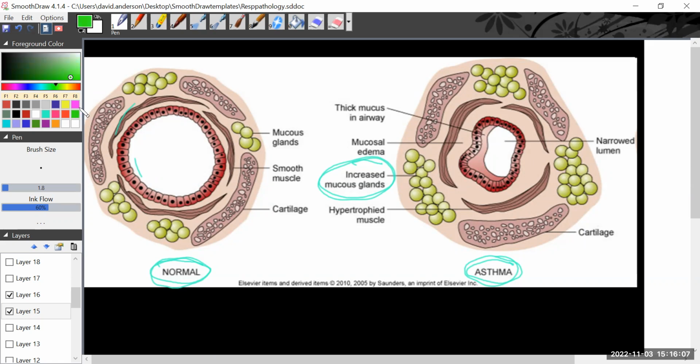What's being shown here, not very clearly, is the production of a lot of mucus. In this picture we didn't see any significant accumulations of mucus, but in this picture we've got a large accumulation. So this really represents a structural change that happens as a result of repeated episodes of asthma, chronic, repeated exposures to the stimulus that was causing the pathology in the first place.